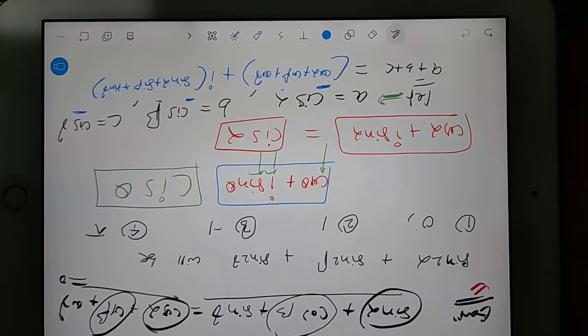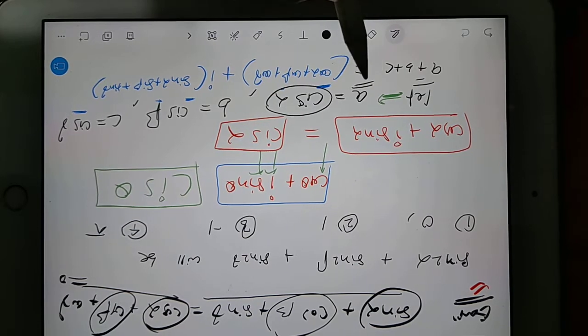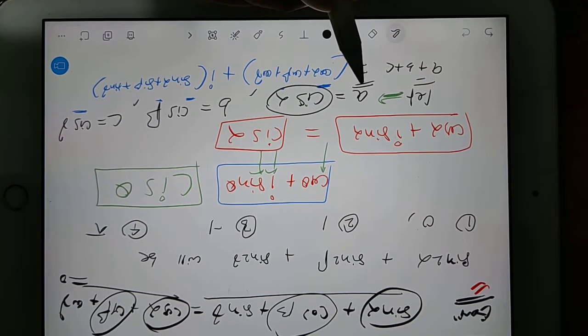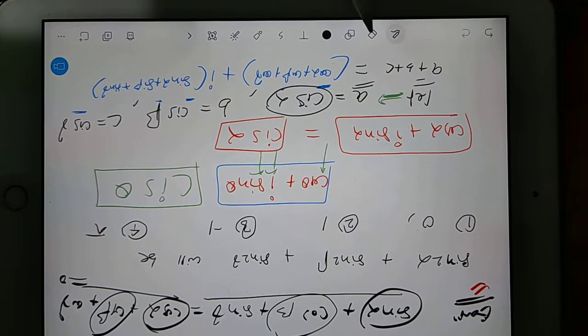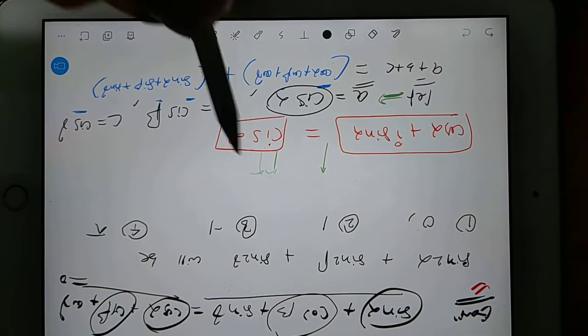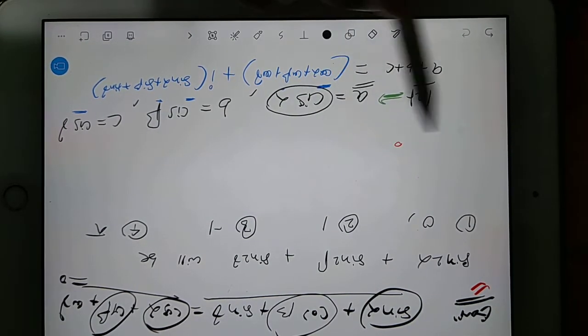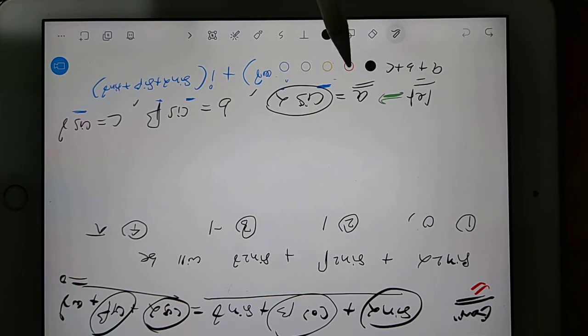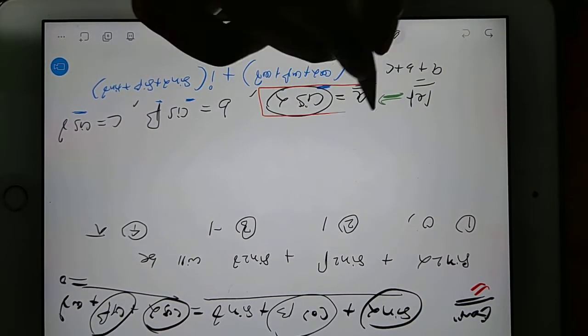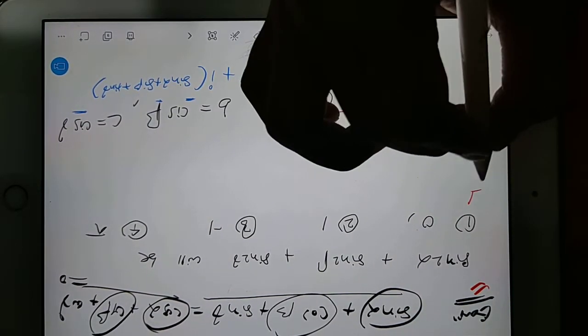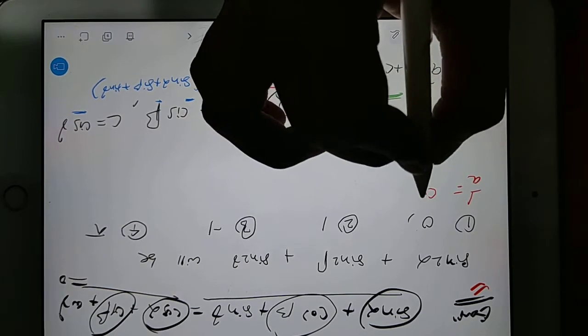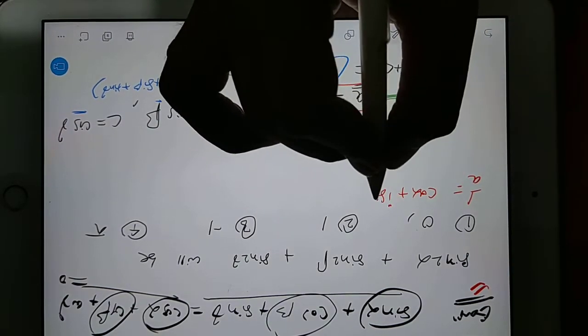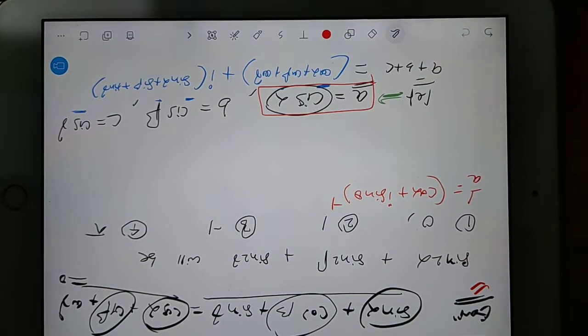If I take the inverse of every term, like A is cis alpha, and I want to find 1 by A, you see the beauty of De Moivre's theorem. A is cis alpha. Now I want to find 1 by A. So 1 by A is nothing but cos alpha plus i sin alpha whole power minus 1.